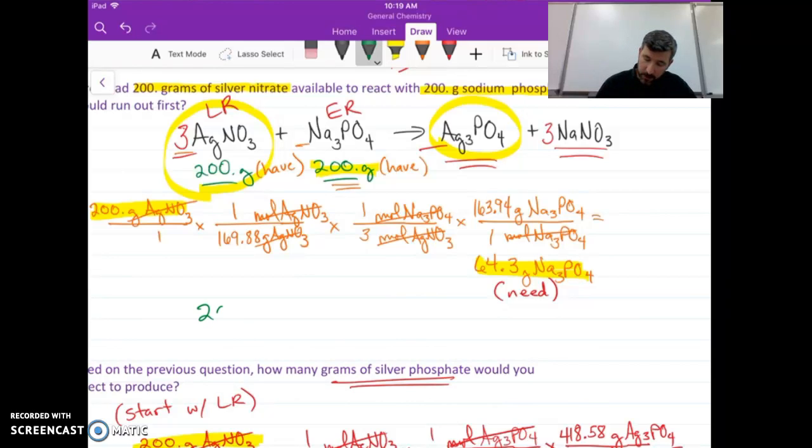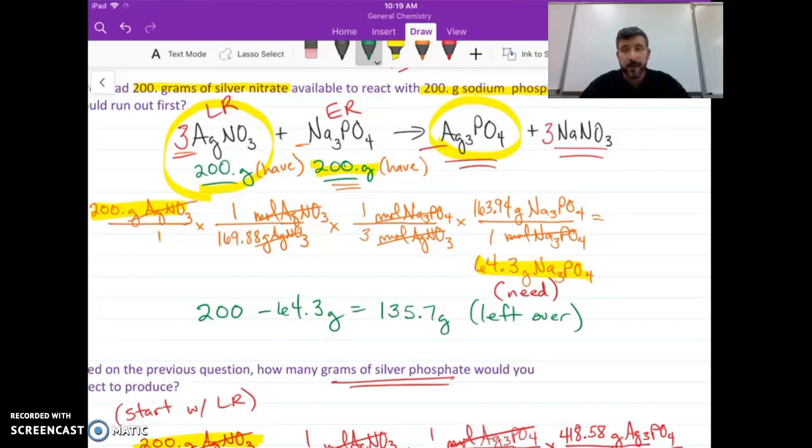Okay, if I had 200 grams available and I only used 64.3, that should give me about 135.7, right? So that would be left over. So if I ever ask you that question, it's just a matter of subtraction.